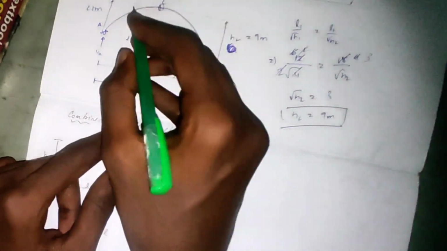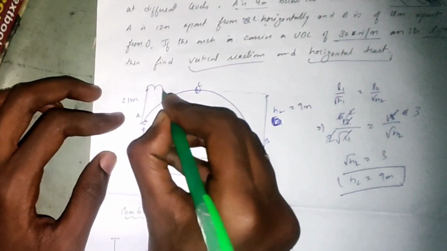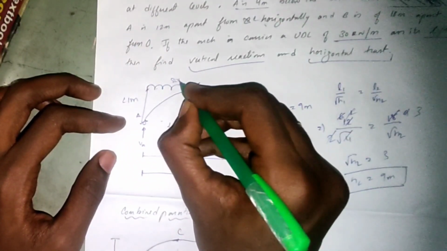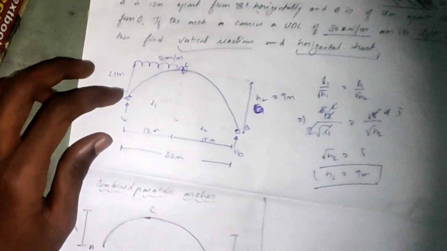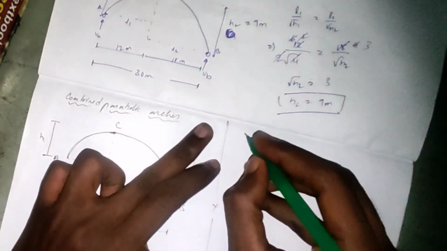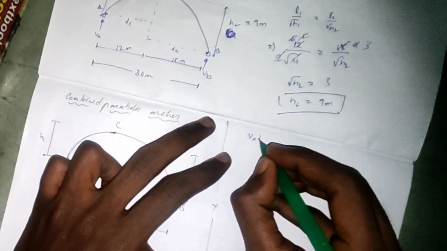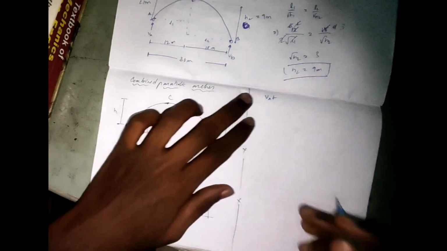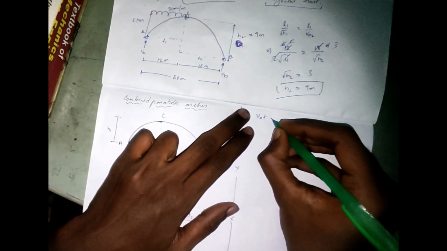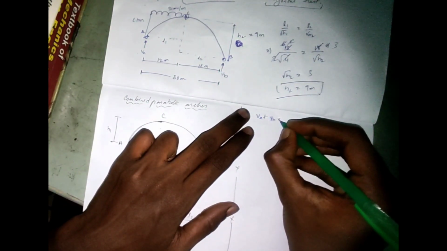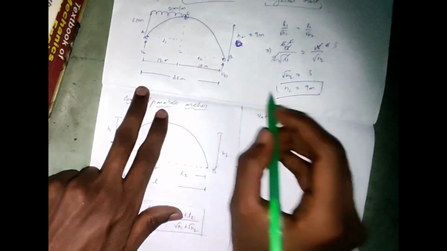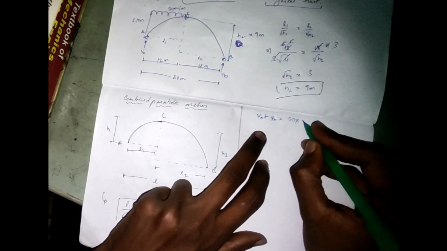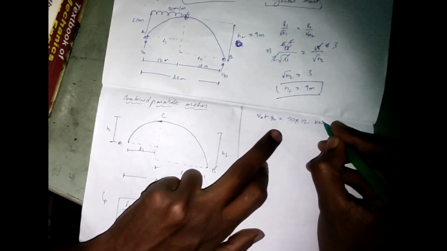Then we have UDL also, that is of 30 kilonewtons per meter. Now VA plus VB will be 30 into 12, 360 kilonewtons.